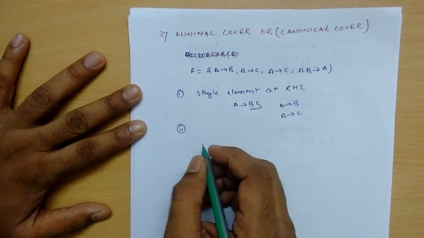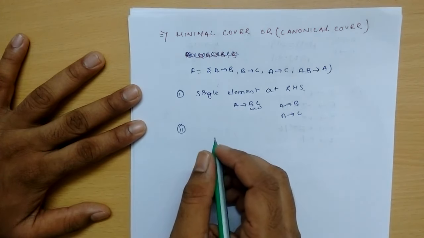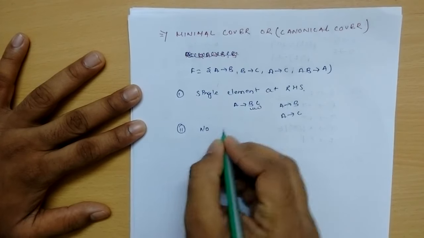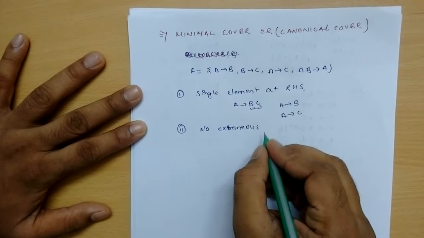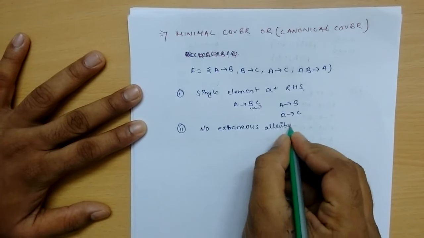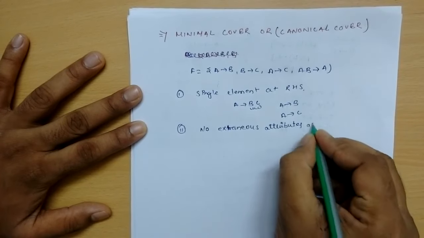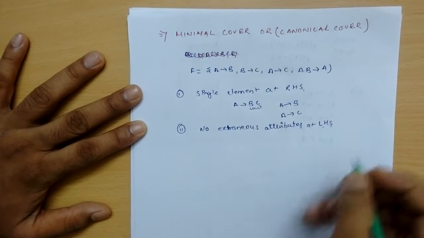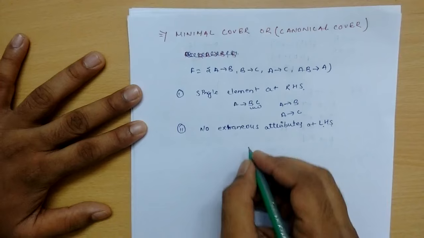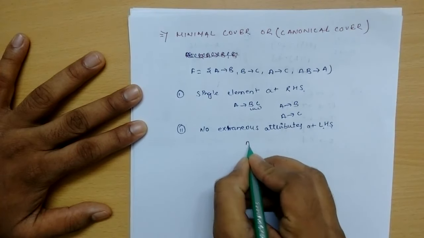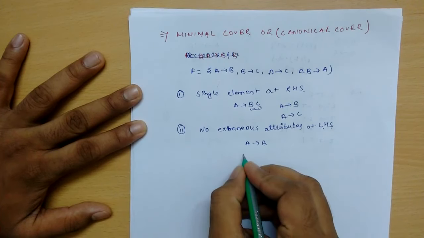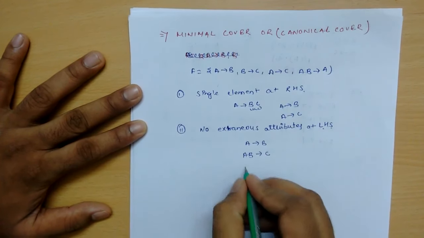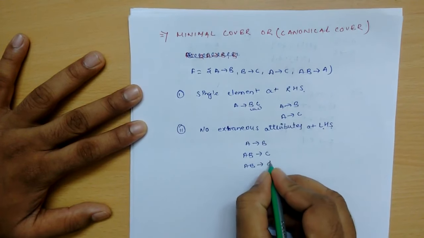In the second step, there should not be any extraneous attributes at the LHS. Suppose a few functional dependencies are given.